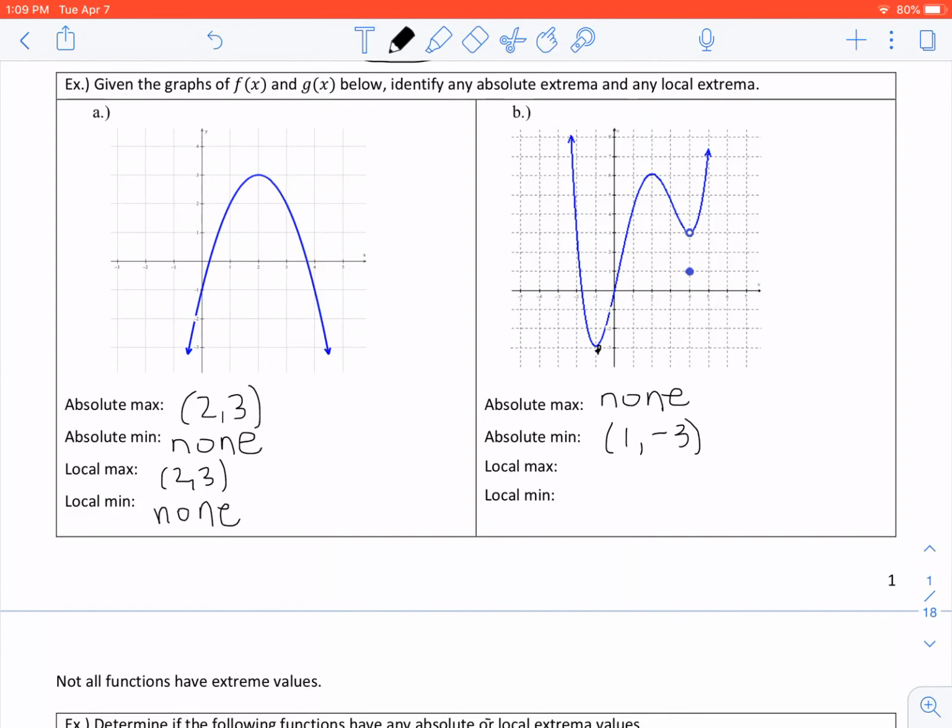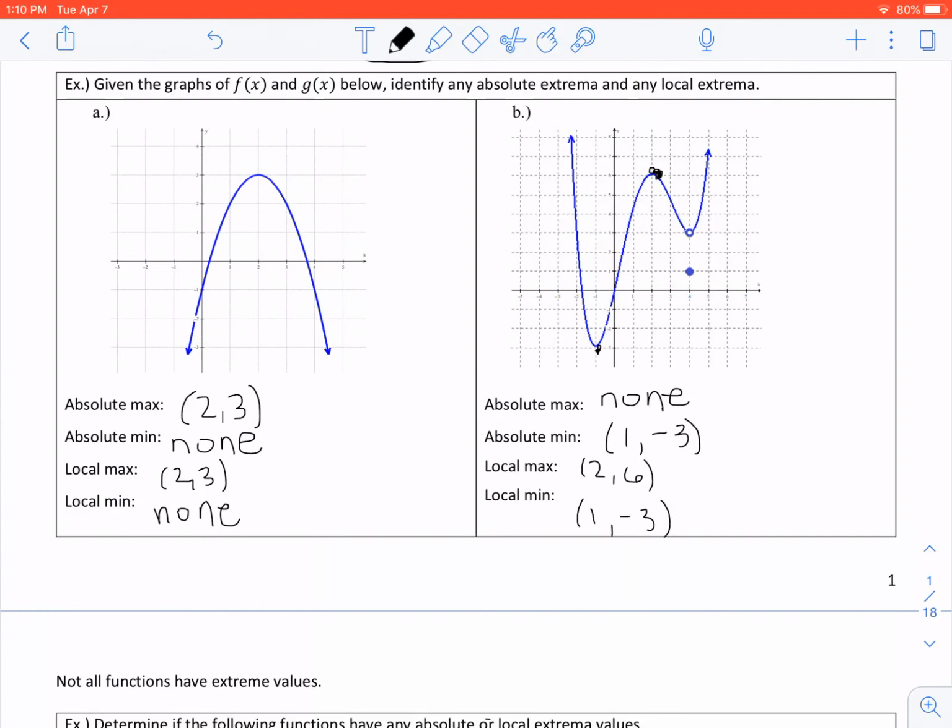We don't have an absolute max, but a local max is anywhere within any little interval. We do have a peak on our graph, up at the top, and at that value we have (2, 6). Then our local mins are going to be (1, -3).